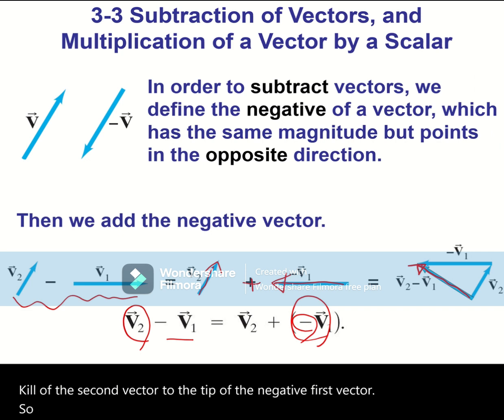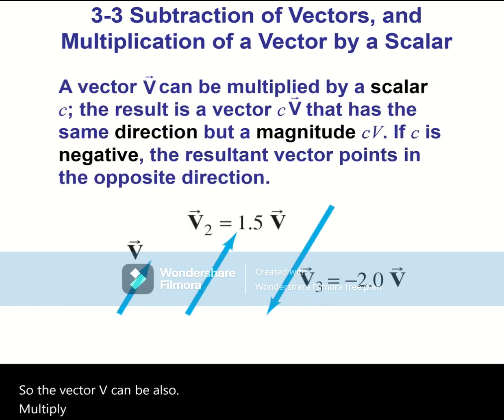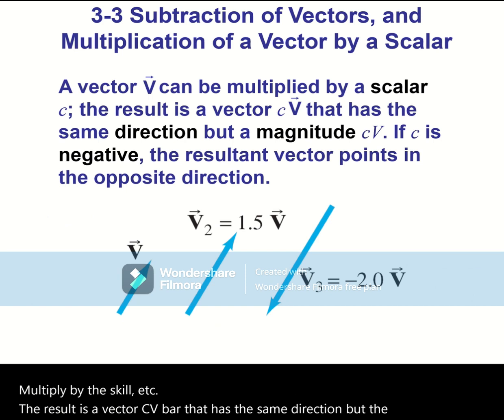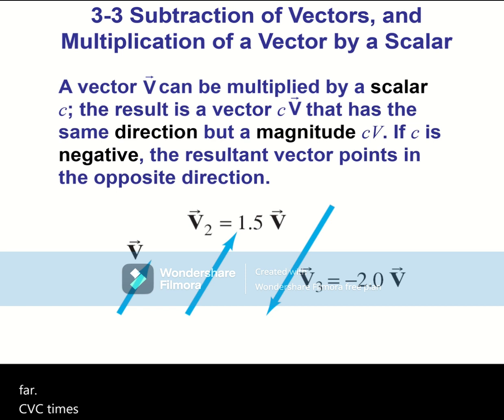The vector v can also be multiplied by the scalar c. The result is a vector cv bar that has the same direction, but the magnitude is c times v. So if c is negative, the resultant vector points in the opposite direction.